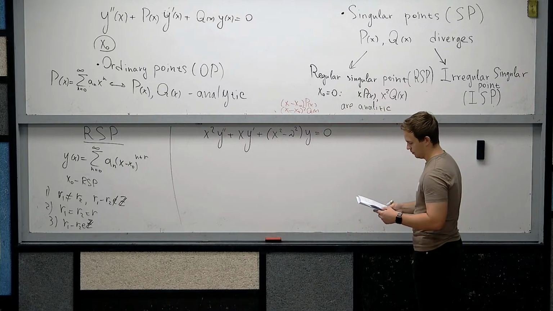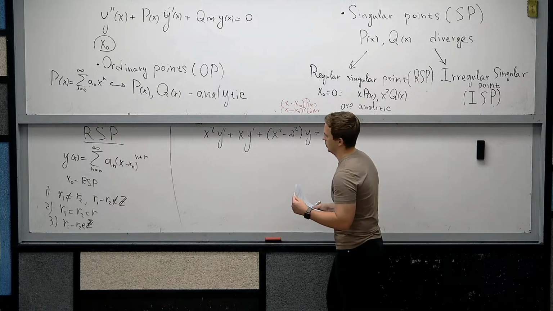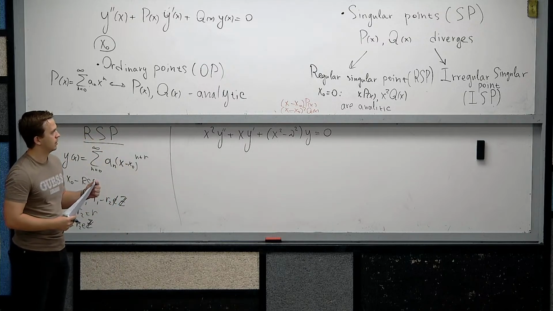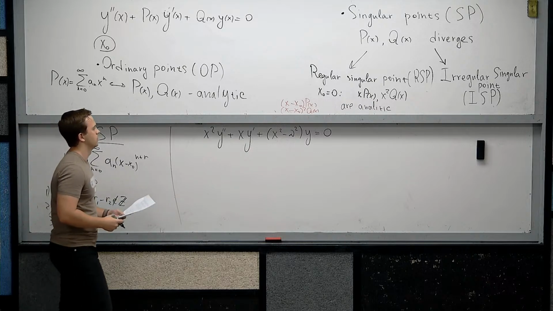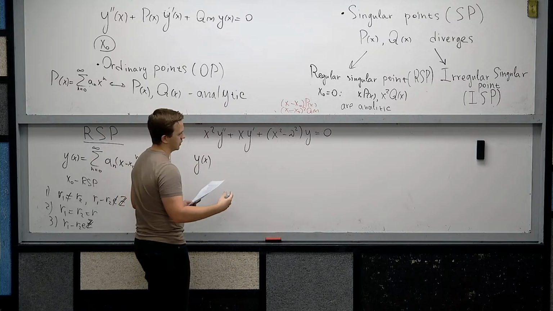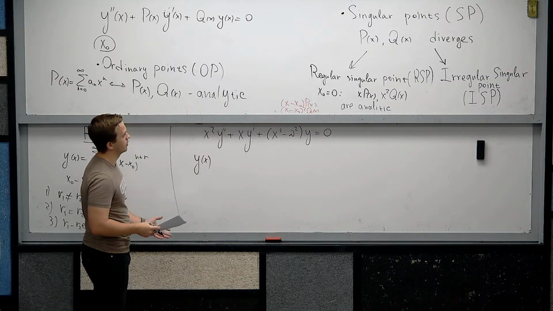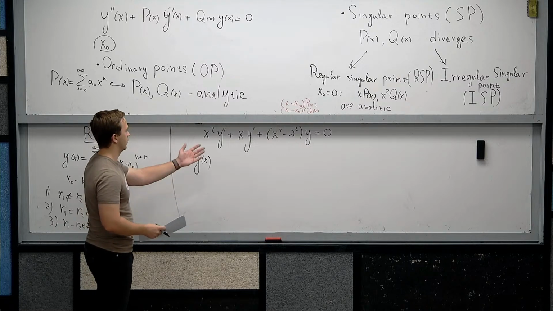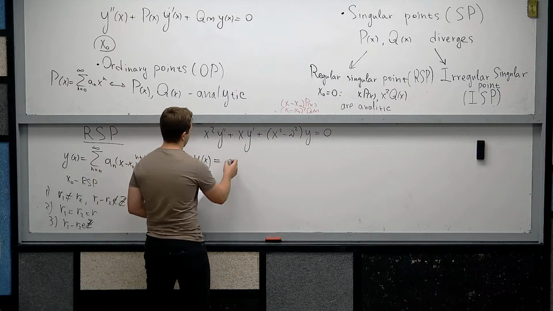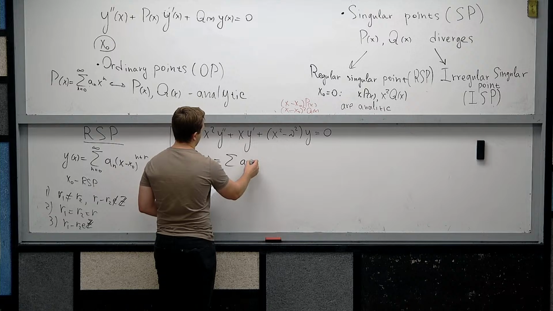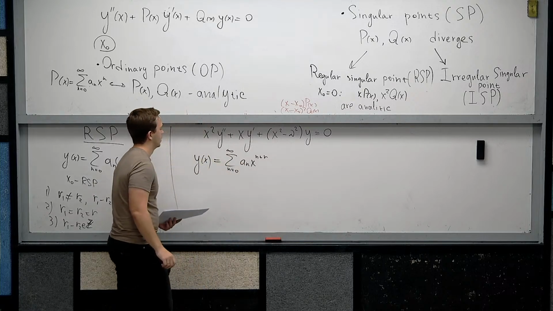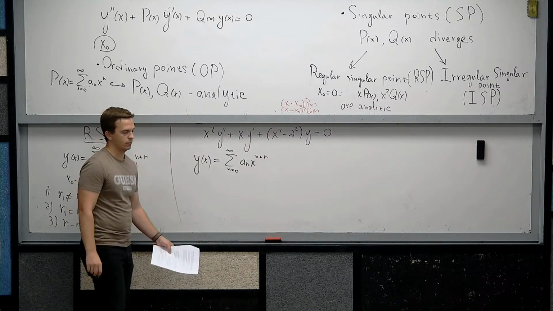So we know that the problematic or singular point is x equals 0, right? So this is a regular singular point, and that's why we need to solve this equation with a Frobenius series. And the solution will look like this.